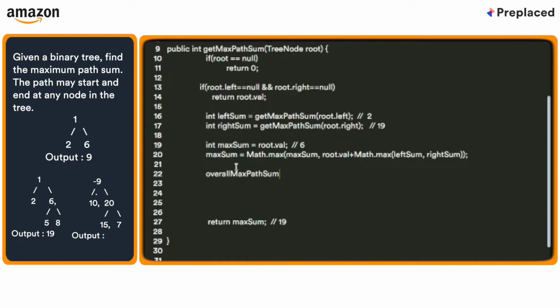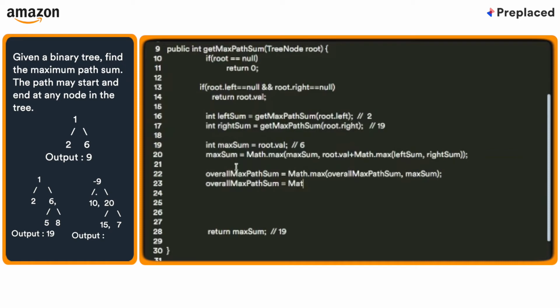But for overall sum, we'll also have one more thing. I'll say Math.max of overall sum, comma, max sum so far. Whatever the overall sum is, compare it with max sum. That could be the overall. The other thing could be the one which I deleted.